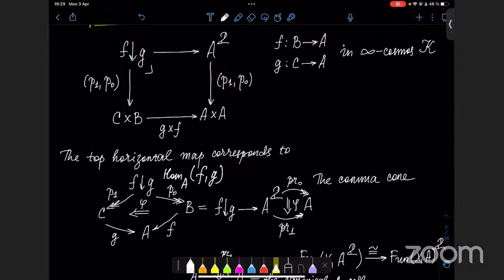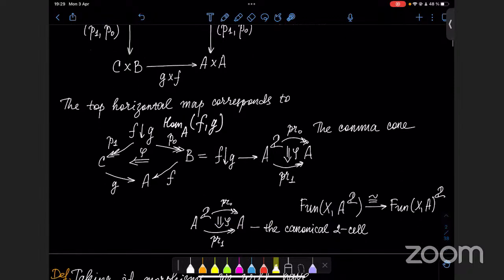So the comma object is the natural object for the notion of hom object. The hom object is precisely the comma infinity category.